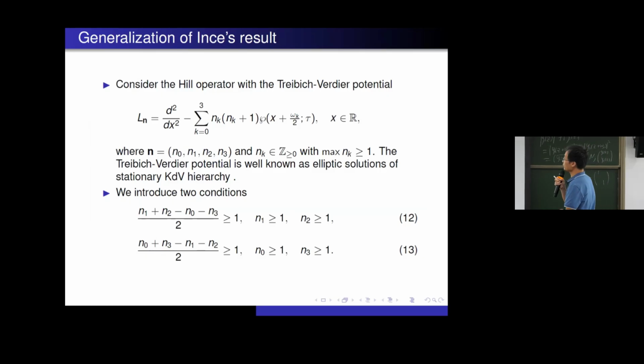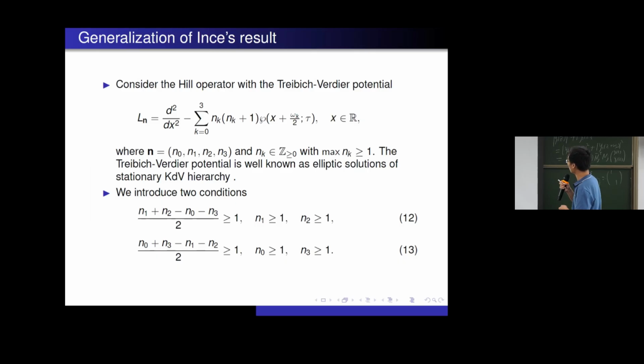So we want to generalize this result to this operator. This operator has a Chebyshev potential. If n1, n2, n3 are 0, then this operator is just the Lamé operator. Here omega 0 is 0, and omega 1, omega 2, omega 3 are the three half periods of the torus.